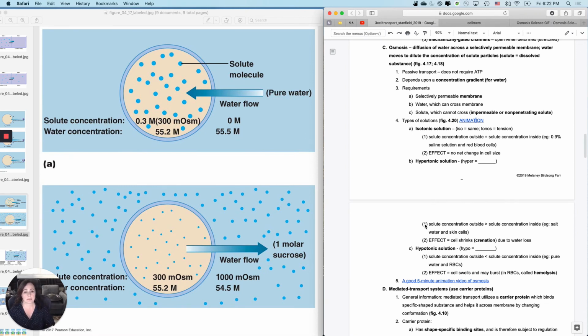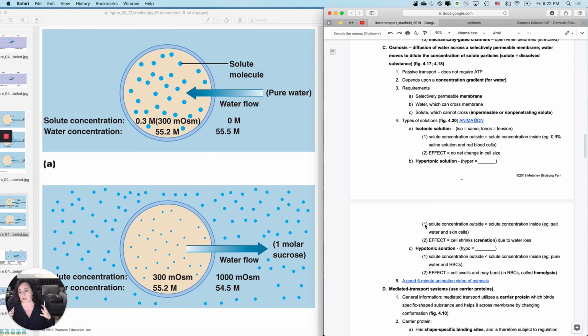Okay, so the types of solutions. Let's talk about them with reference to the human body. An isotonic solution, same tension, the same amount of solute as the cell. An isotonic solution has no net change in cell size. It still does have water movement in and out, but it has no net change in cell size.